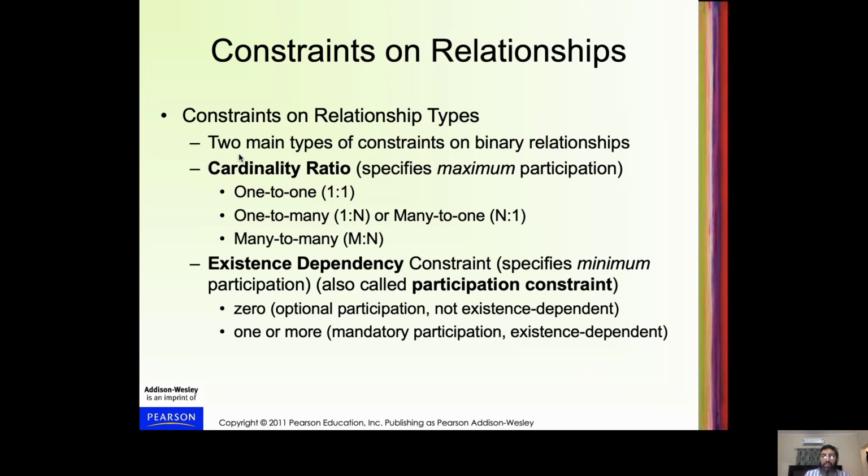The other constraint that is between these binary relationship is existence dependency or participation constraint. So participation constraint, think of a dependent. Now, in that case, an employee can have 0 dependents. So there is optional participation.